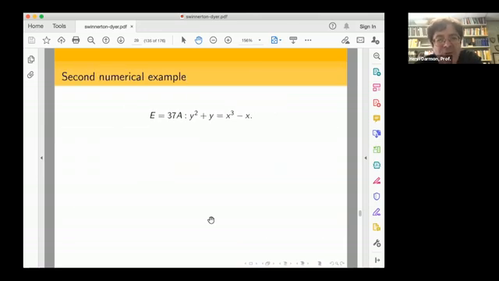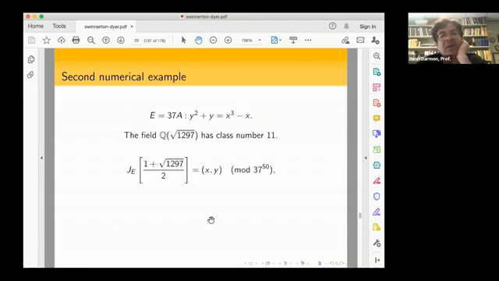There is a second numerical example involving the elliptic curve of conductor 37, which is the smallest elliptic curve of analytic and algebraic rank 1. Here I've taken a real quadratic field which has large class number. This one has class number 11 and relatively small discriminant for such a class number.